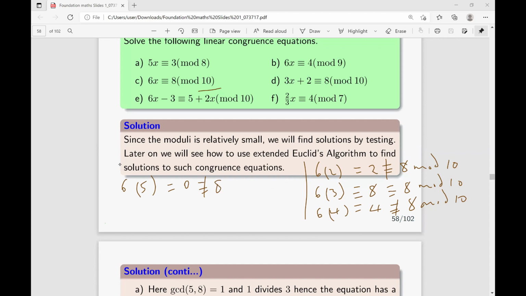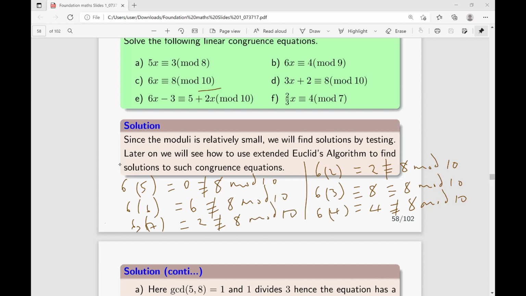And this is not equivalent to 8 mod 10. We try 6, and this gives us 36, which is 6, not equivalent to 8 mod 10. You try 7, and this is 42, which is 2. Is that okay? Not equivalent to 8.